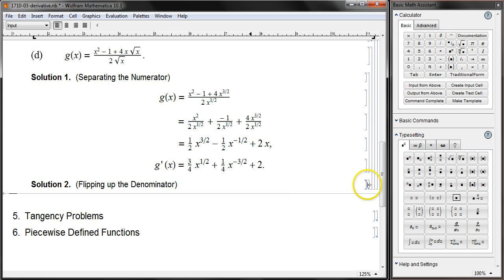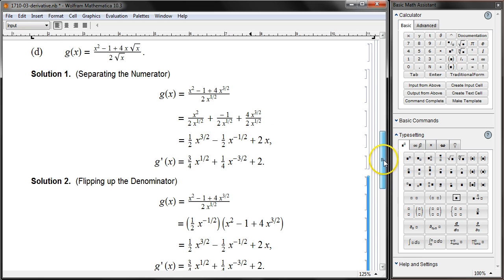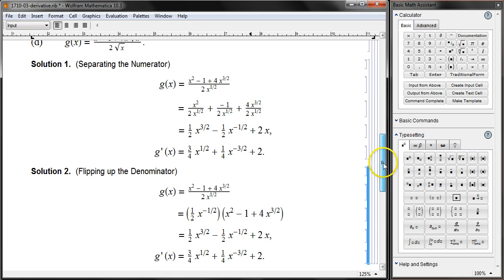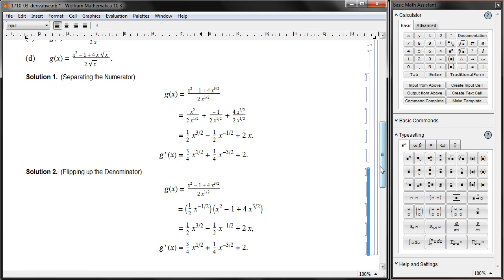What if you prefer the second solution? You can flip the denominator. Let's see, can I squeeze everything in? Let's go back to 100%. Okay. Instead of separating the numerator, I flip the denominator.